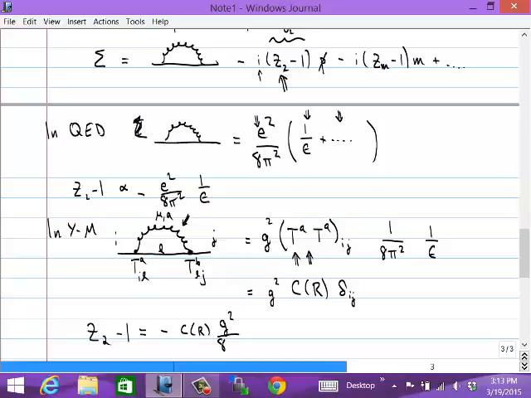So that e squared gets replaced by g squared times the quadratic Casimir. So this is a leading term at order g squared, but of course there are going to be higher order terms at order g to the 4th, and so on. Is that more or less clear?